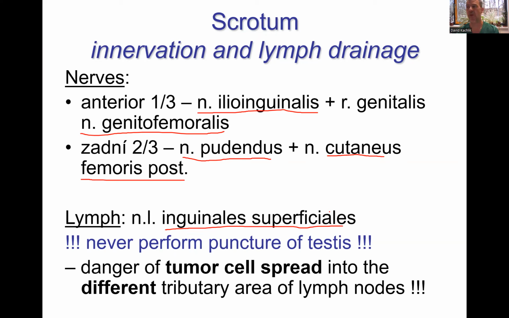So then the tumor is not only in the testis and lumbar lymph nodes, but also in inguinal lymph nodes, and that means the external lymph nodes, the deep inguinal lymph nodes, external iliac, common iliac. So you spread the cancer, and you will terminate the life of the patient quickly.